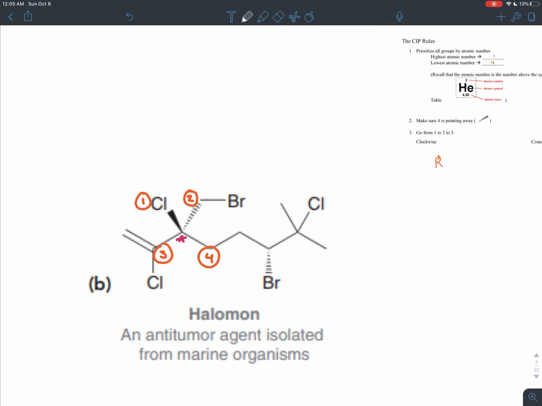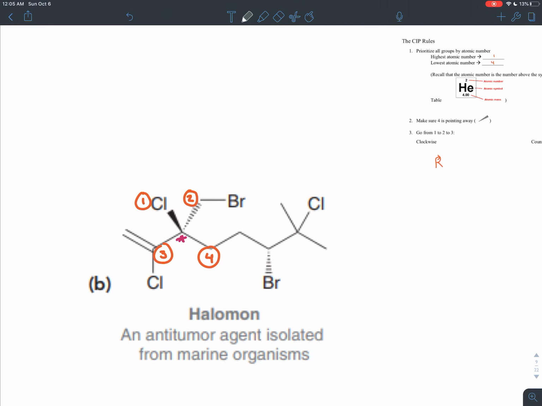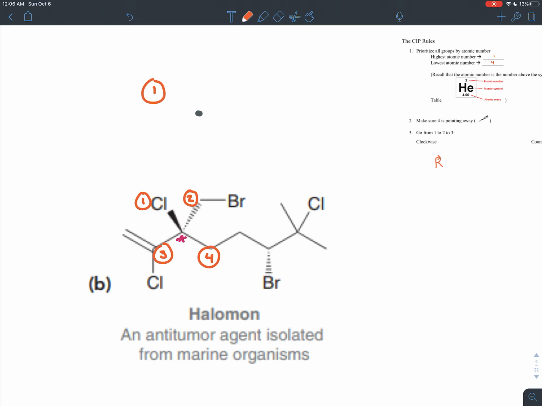So I'm going to redraw this molecule. And actually, instead of drawing the whole thing, I'm going to just write a chiral center here, so like an atom here, and I know that I have 1 here, 3 here, 4 here, and 2 here.